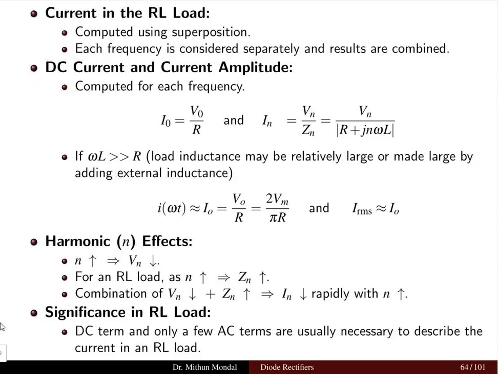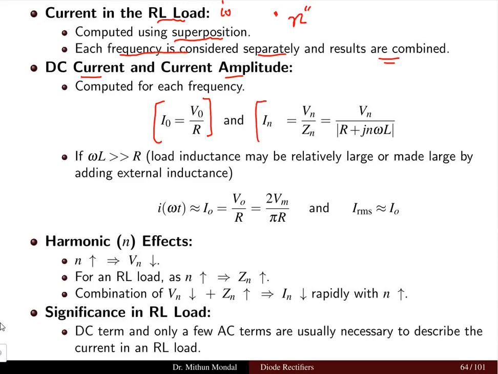The current flowing in the RL load, that is I0, is computed using the principle of superposition. Each frequency is considered separately and the results are then combined, because you will have certain harmonics present in the system. The DC current I0 we can easily find as V0 by R, which is the current flowing in the resistance.